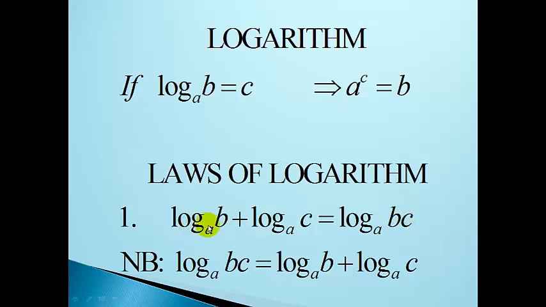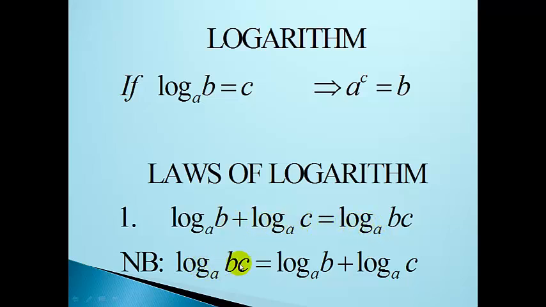This means that log b to the base a plus log c to the base a is equal to log bc to the base a. We are multiplying the numbers because we have two logs of the same base adding. That is addition. Take note of the addition sign. It's important. In another way, we can also say that given log bc to the base a, we can also split it, as can be seen on the left hand side.